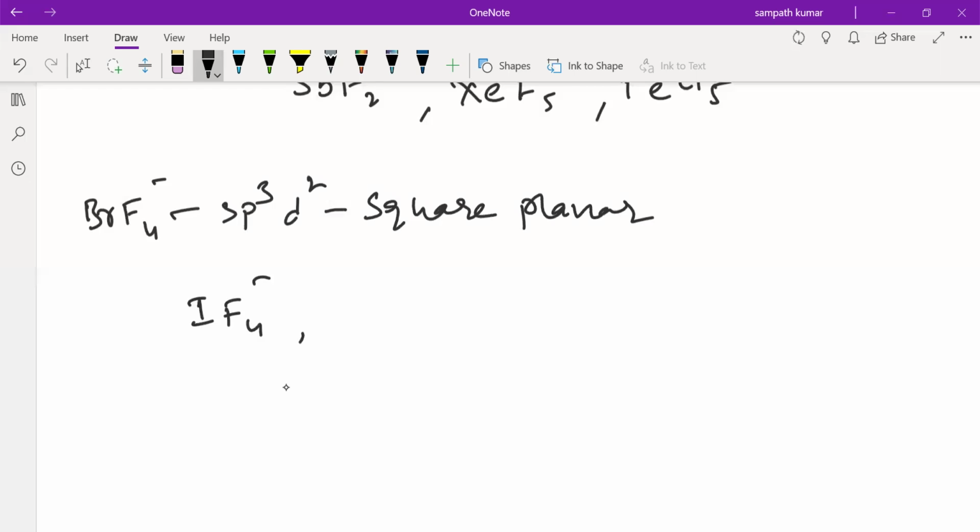IF4 minus, I5 minus, and ICl4 minus, and xenon tetrafluoride also, all have the same square planar geometry and similar hybridization. Like this we can find different structures.